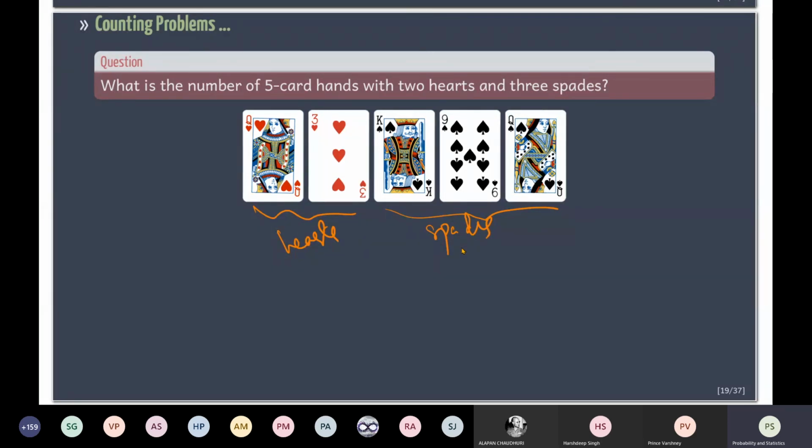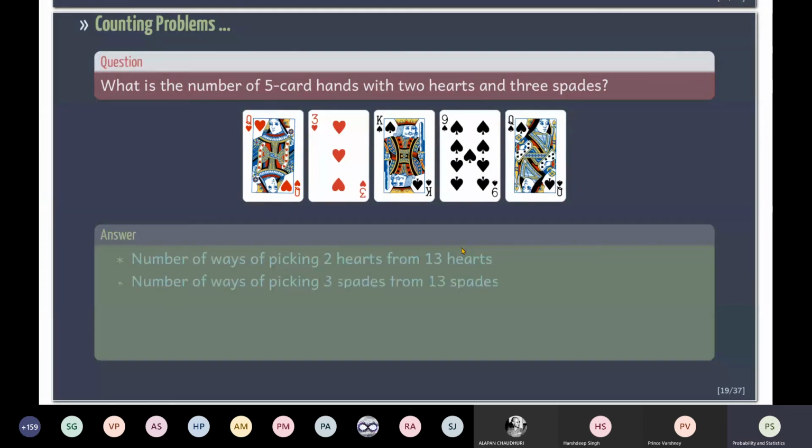Okay, what will you do? You ask what is the number of ways of picking 2 hearts from 13 hearts, because there are 52 cards, and 4 different suits, like hearts, spades, and so on.